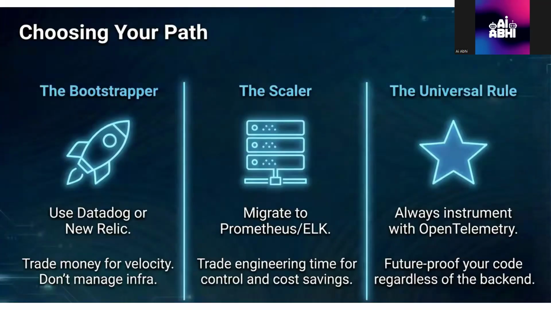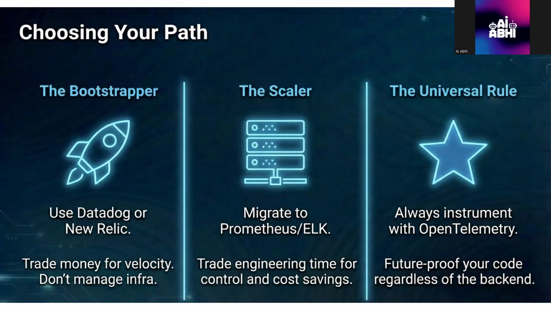So let's wrap this up with key takeaways. One, observability is not monitoring. Monitoring tells you when something is wrong; observability tells you why. Two, the three pillars are logs, metrics, and traces. You need all three working together, not in isolation.